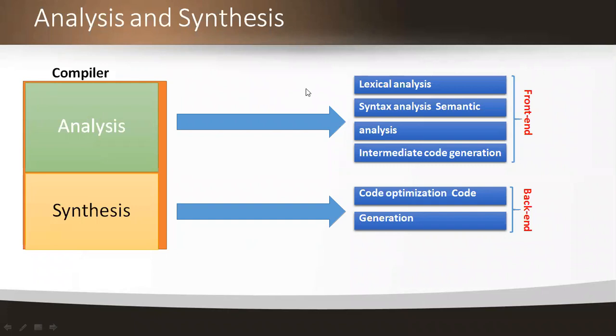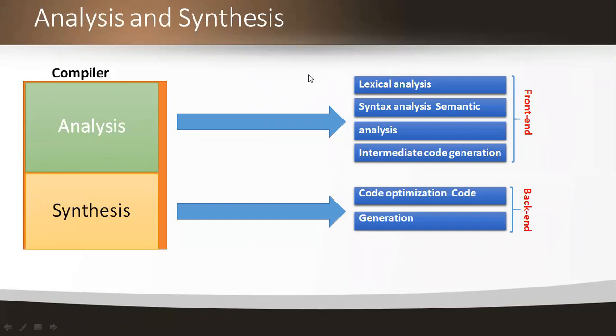Whatever we generate in each and every phase, the total process should be stored in a symbol table. So the symbol table is acting as a data structure for both the analysis part and the synthesis part. Make a note of this. Symbol table is a data structure that we use in both the analysis and synthesis parts.